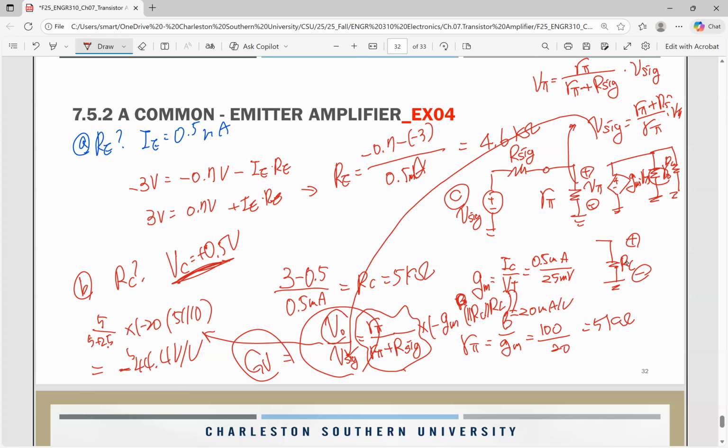And then V sub zero is V sub pi times minus G sub m times R sub C, R sub L, in parallel, or R sub C, R sub L, R sub zero in parallel. Definitely the V sub pi cancels out, and finally we can get the formula right there.